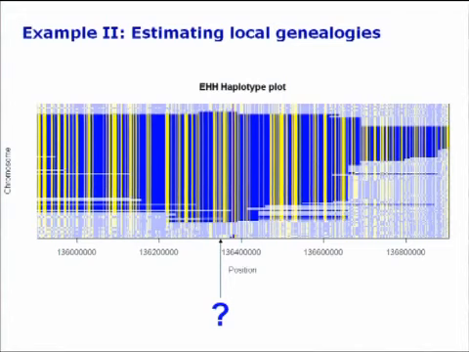This is a 1 megabase region from a European population. You can see that across this megabase region there's essentially a haplotype that dominates. It's very, very extended, and people won't get too many prizes if they know anything about humans for guessing that this is the lactase region.